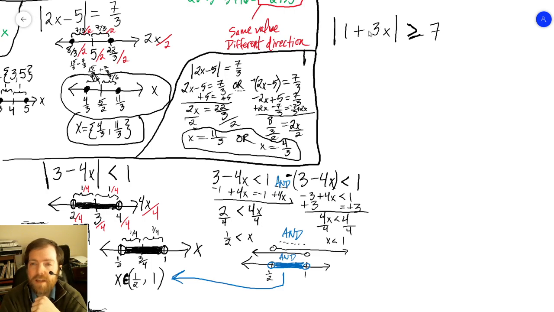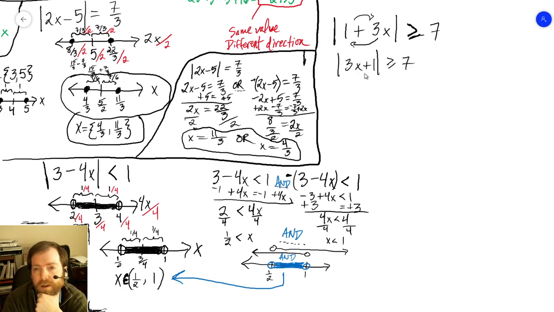So instead of making this x term negative, I'm going to use the commutative property of addition and just say that this is the absolute value of 3x plus 1 is greater than or equal to 7. Which means that the absolute value of 3x minus negative 1 is greater than or equal to 7.